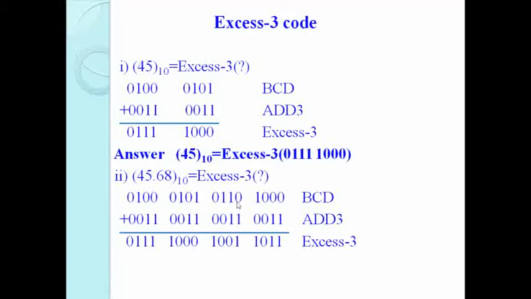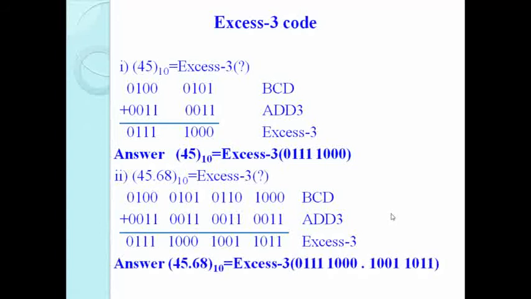0 plus 1, 1, 1 plus 1, 0 carry 1, 1 plus this carry 1, 0 carry generated, 0 plus carry 1, 1 plus 1, 0 carry generated, again 1 plus 1, 0 carry generated, and 1. So 0 plus 1, 1, 0 plus 1, 1, 1 plus 0, 1 and 0 plus 0, 0.